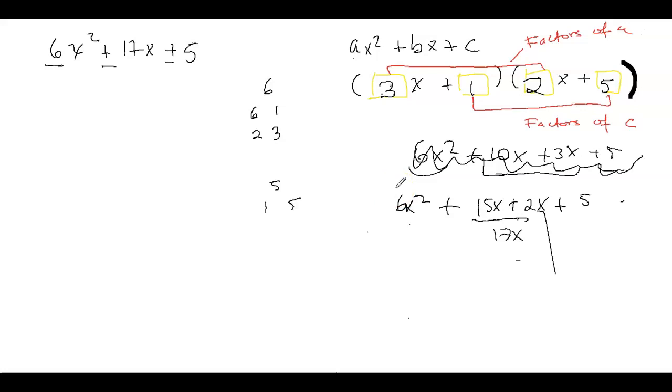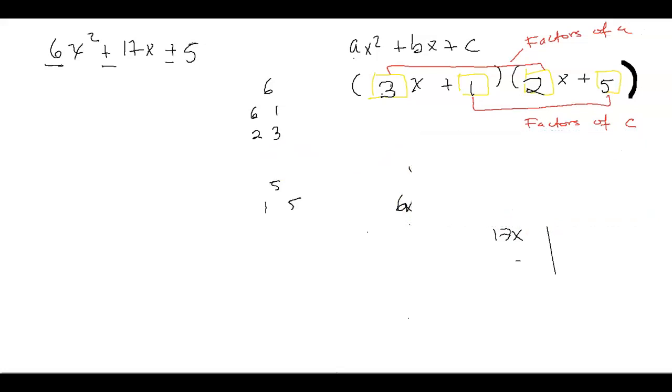If you're really good at multiplying and just looking at the numbers, you can probably do this quickly. The other way that you can try doing this is called the AC method, and I'll show you that in a second.